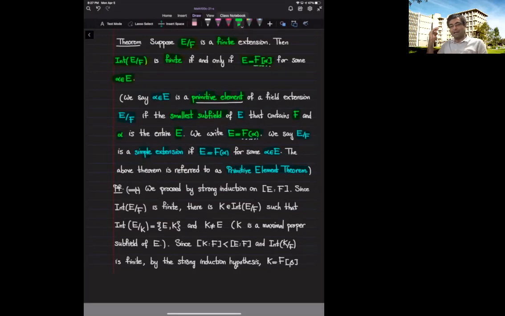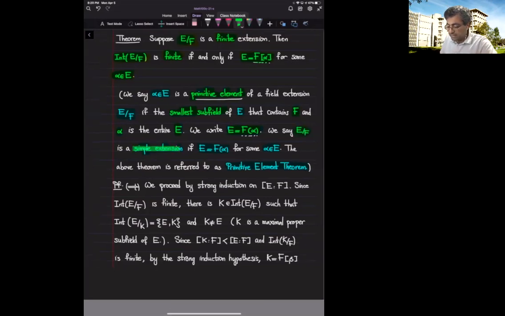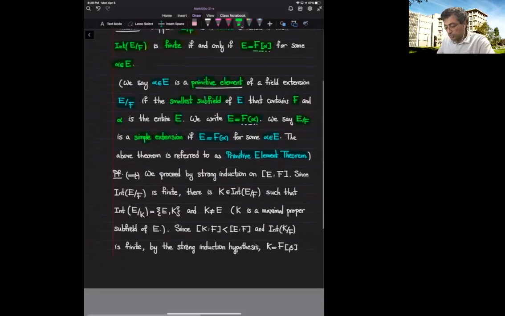When alpha is algebraic over F, it's the same as looking at the ring of polynomials evaluated at alpha. But in any event, such an alpha is called a primitive element of this field extension. And this field extension in that case is called a simple extension. So then we say E over F is a simple extension if we do have a primitive element.